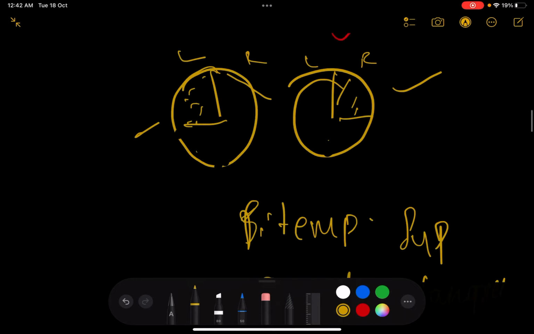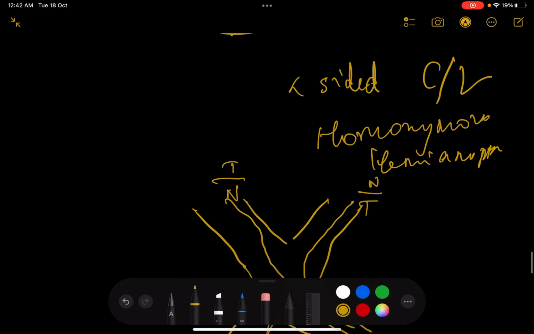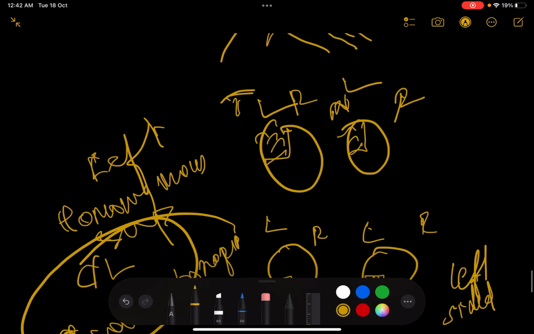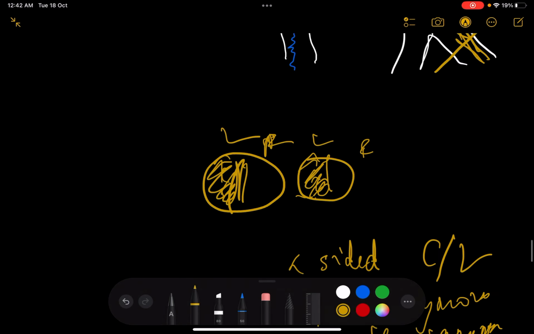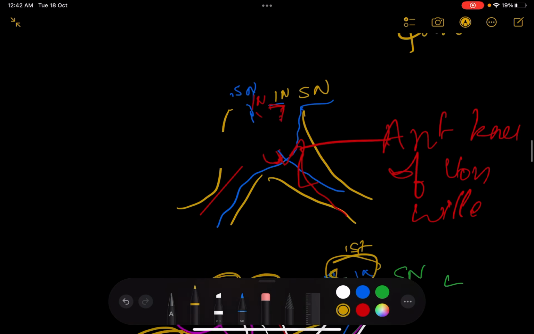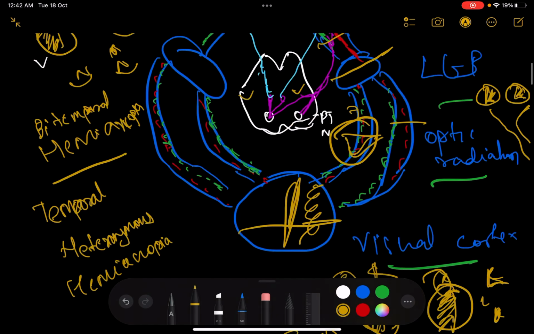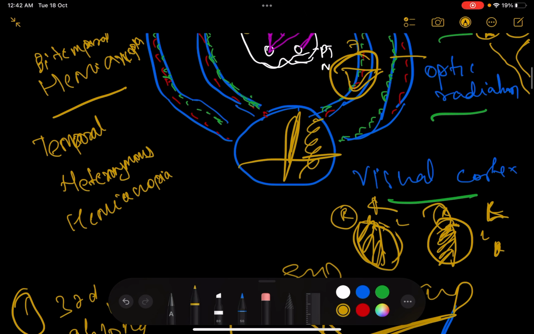Again, the same as we saw in the optic radiation, nothing very difficult. But now comes what is spared when we are talking about the posterior cerebral artery. The posterior cerebral artery supplies the lobe, that is the visual cortex.